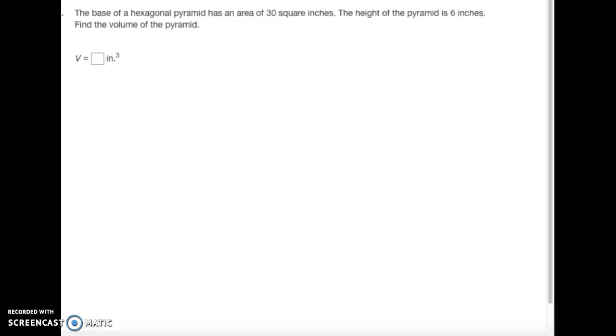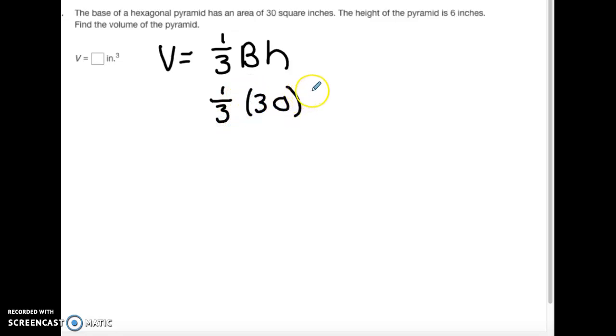All right, number 7. Volume of a pyramid. So pyramids are 1/3 base area times height. All right, hexagonal pyramid has an area of 30 square inches, so it gives us the base area. And the whole pyramid has a height of 6 inches, so we get the volume is 60 inches cubed.